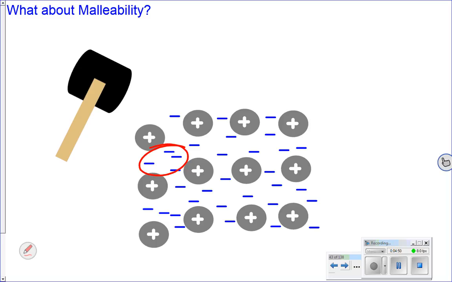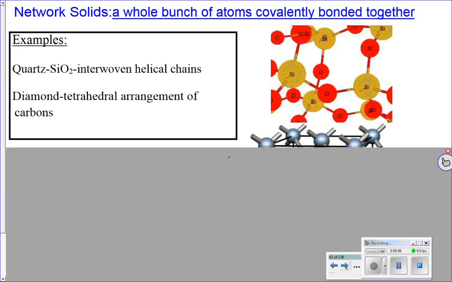You can imagine even if you tried to push some of these cations together, those mobile electrons are able to stay in between them and create almost a padding, if you will, that prevents repulsion. So repulsion is prevented by those mobile valence electrons.